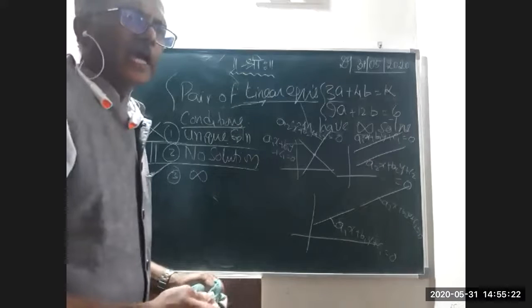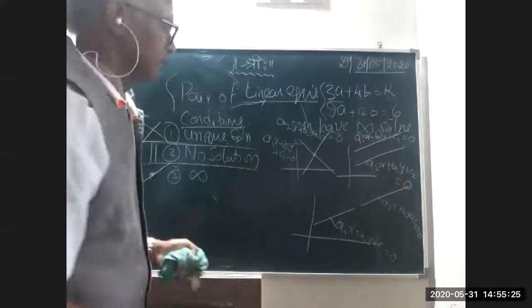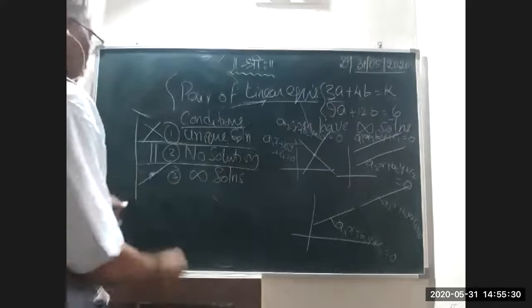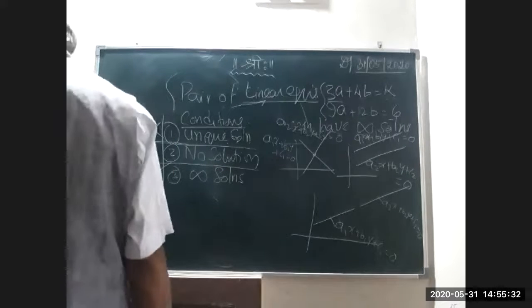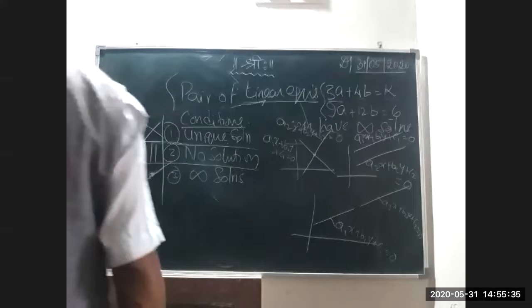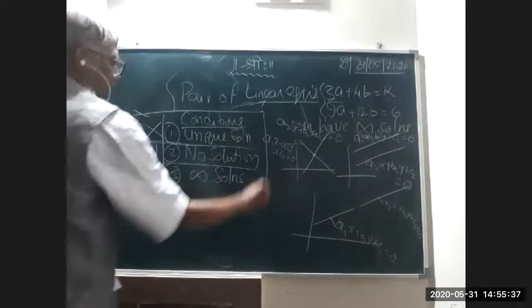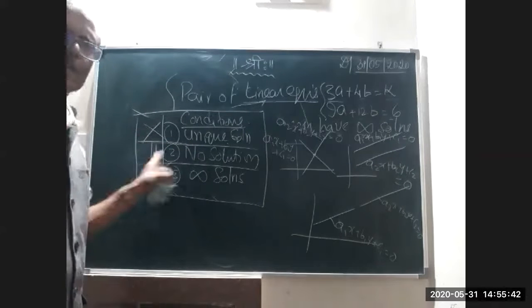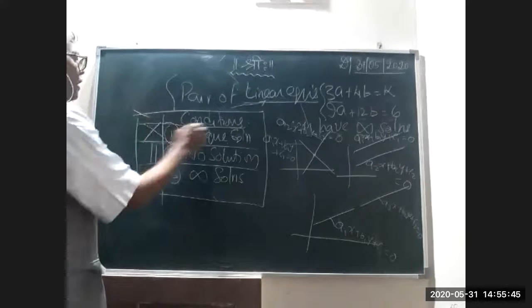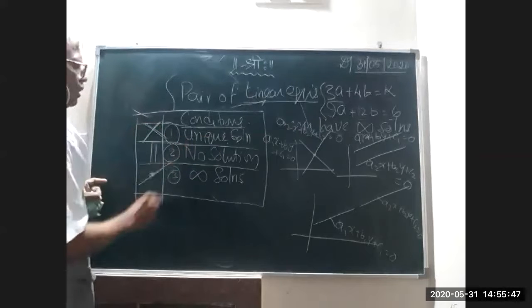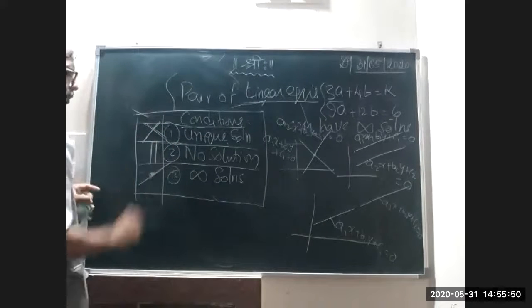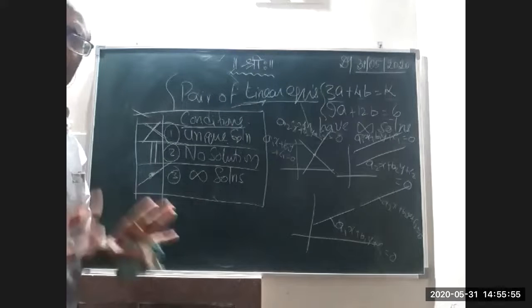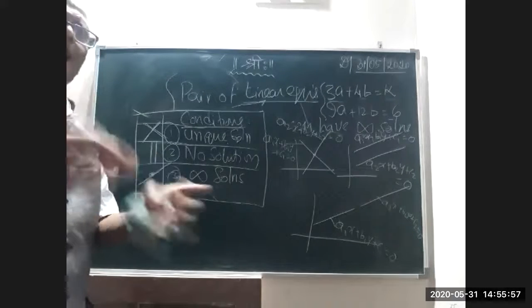They will have enough number of solutions. So we have infinite solutions. Please understand this. I have made the conditions with the graph here in an Excel sheet, in a very small format. Always you can remember: if it is intersecting, unique; if no solution, parallel; if they are collinear, infinite solutions. Note down these three.